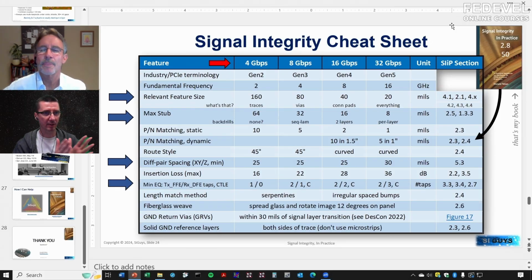Okay, so now let's be a little bit more specific. What we are going to learn today is how to route these interfaces, or how they work, or what is in your slides? Well, okay, what I would like to do is come in the back door, because I have tens of thousands of these links in production across dozens of standards.